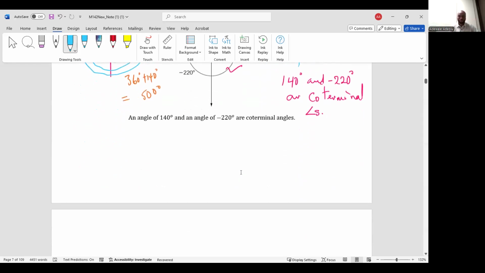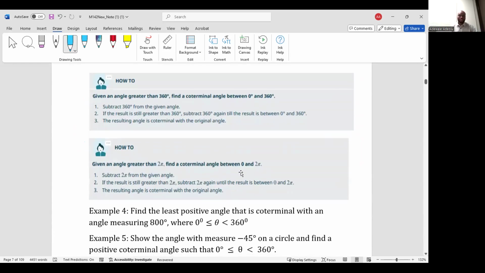So in general, given an angle greater than 360 degrees, that is, it is more than one full rotation, how do we find a coterminal angle that is between 0 and 360? All you need to do is subtract 360 degrees from the given angle.